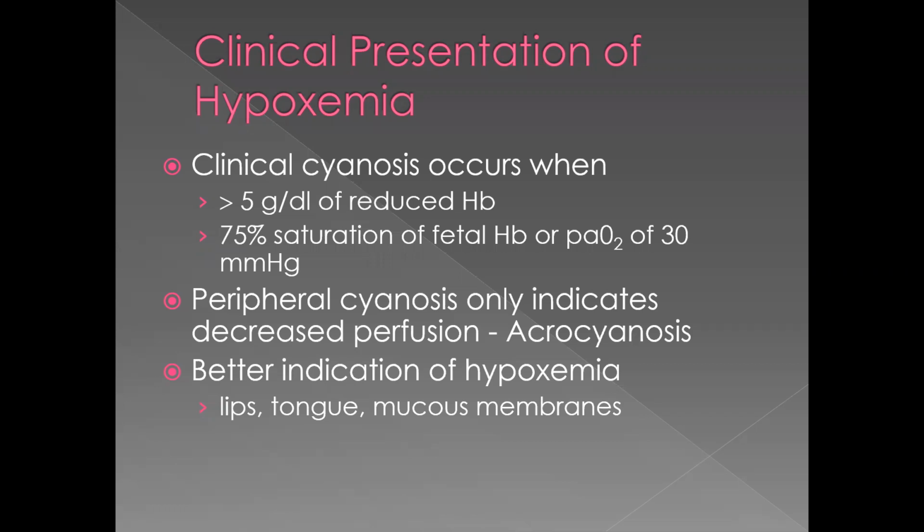So if there's 5 grams without oxygen, the person's going to look cyanotic. That'll occur with a 75% saturation in newborns that still have their fetal hemoglobin. Their PaO2 will be down to 30 millimeters mercury when you're seeing cyanosis.